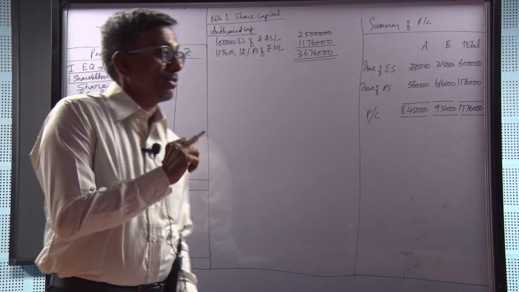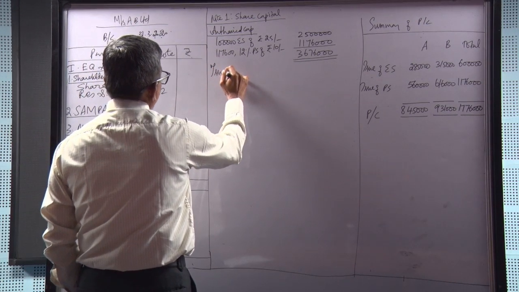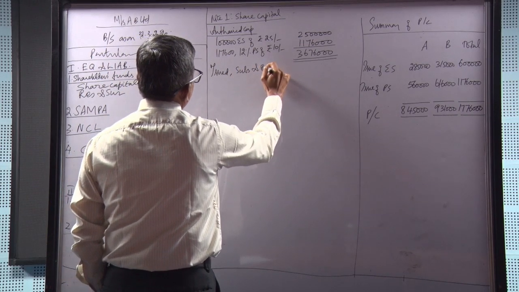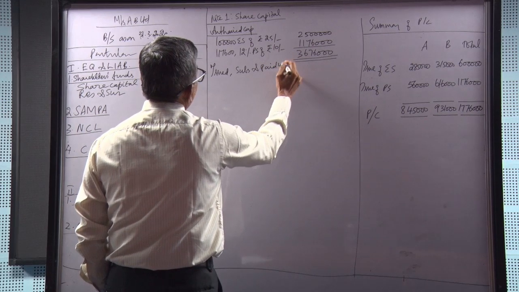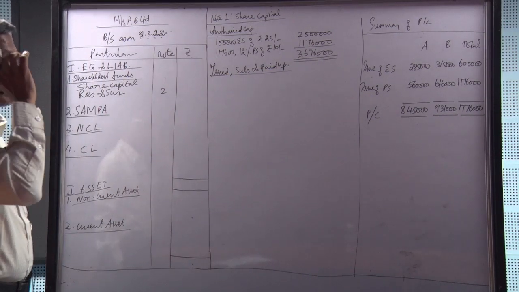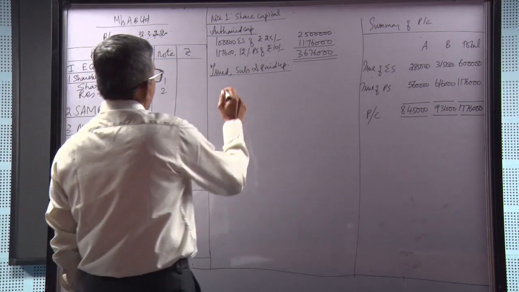That is very important. Now you write issued, subscribed, and paid up. Out of 1 lakh shares, only 24,000 shares have been issued.